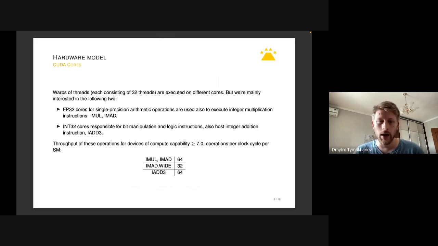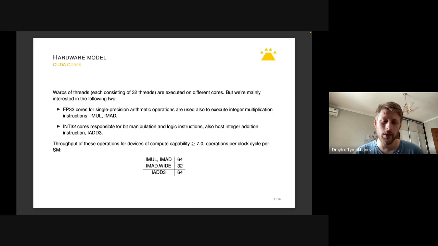And INT32 cores, which I think were developed initially mostly for logic, or maybe for indexing as well. Indexing needs integer additions, so that's what they're good at.